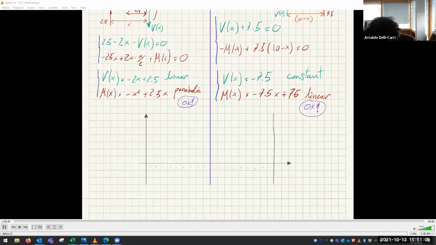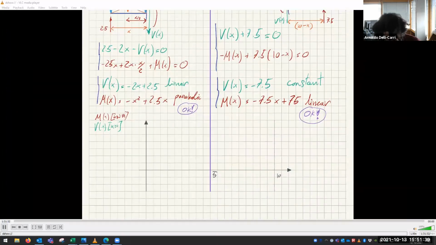So the same distance because we have 5 and 5. So we have, this is 5, this is 10, this is m of x in kilonewton meters, and v of x is in kilonewtons.